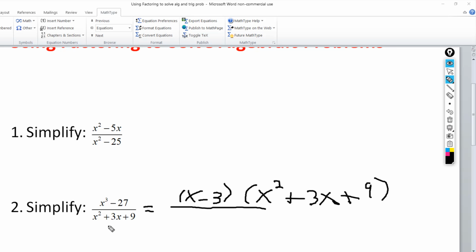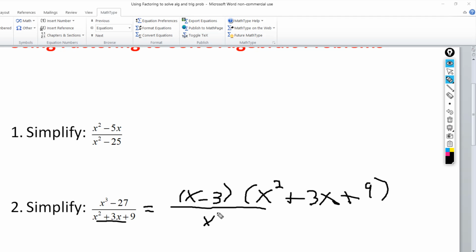And then the denominator is a trinomial. So we try the method that I showed you last time, trial and error. But before I even try to factor this, and I won't be able to factor it the way it is, notice that I have x squared plus 3x plus 9 on top and x squared plus 3x plus 9 on the bottom. So basically those are going to cancel.